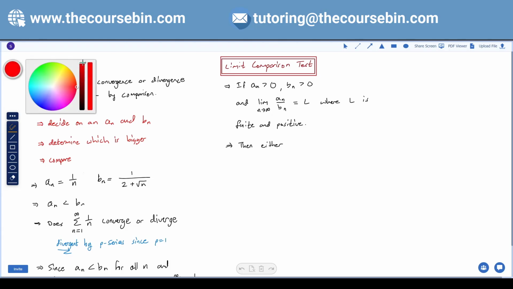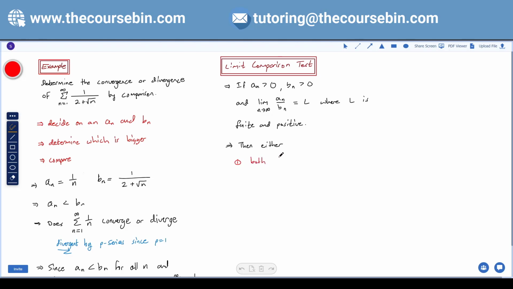So then the first case is that both the sum from n equals 1 to infinity of a sub n and the sum from n equals 1 to infinity of b sub n converge, or both the sums diverge.